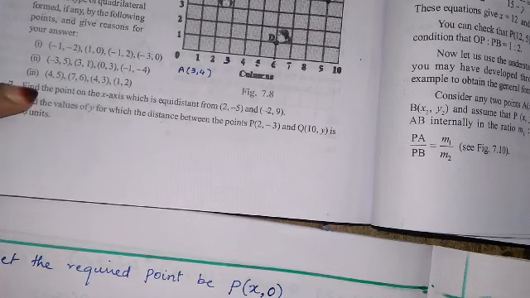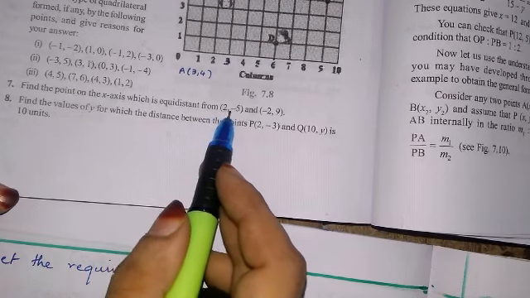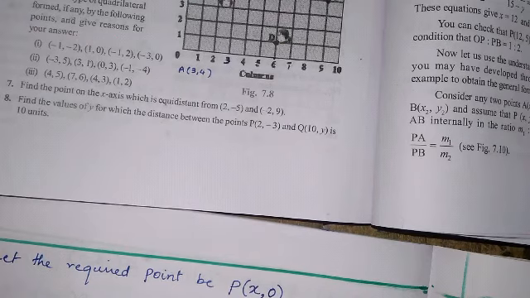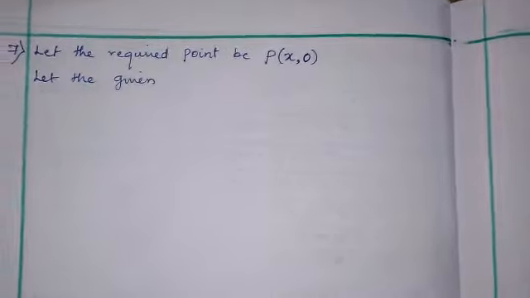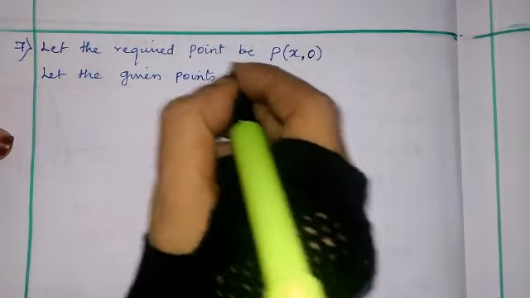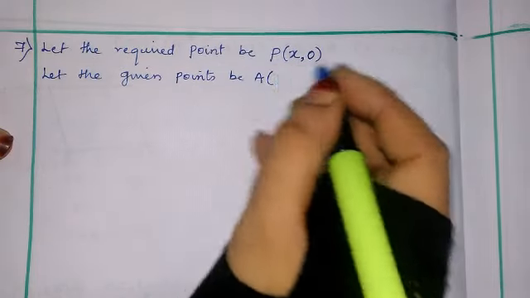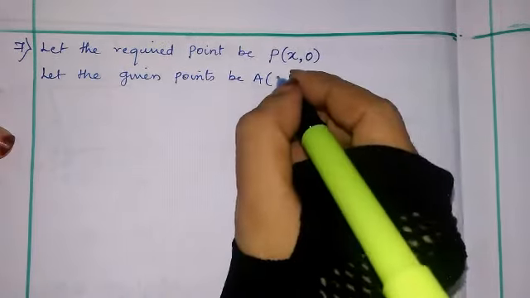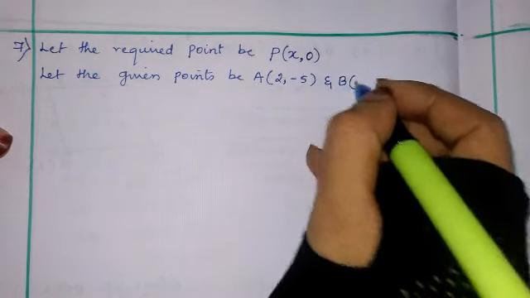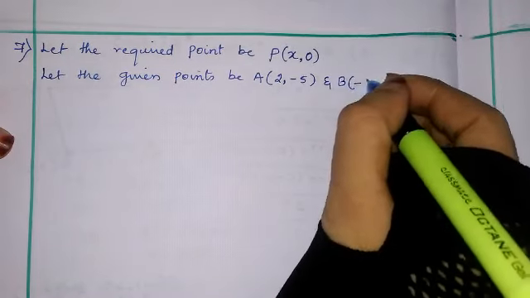Now what they are saying, this point is equidistant from (2, -5) and (-2, 9). Let the given points be A (2, -5) and B (-2, 9).